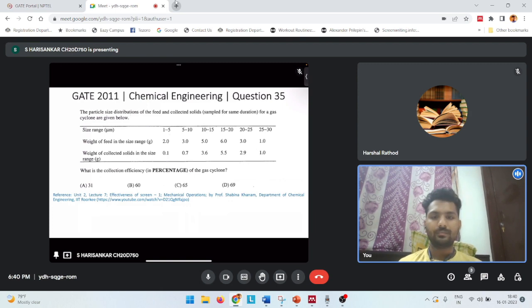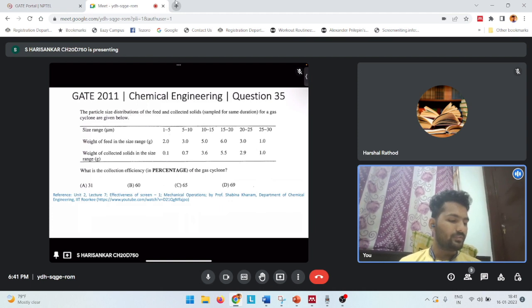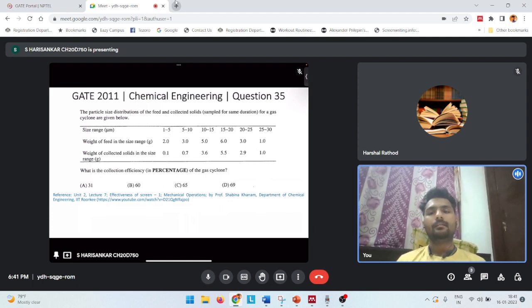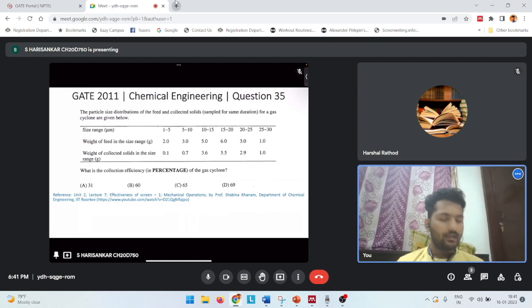And the four options given are option A 31, option B 60, option C 65, and option D 69. So this is a question from cyclone separator part in mechanical operations, and the NPTEL lectures can be found in Unit 2, Lecture 7, Effectiveness of Screen Mechanical Operations by Professor Shavina Khanam, Department of Chemical Engineering, IIT Roorkee.